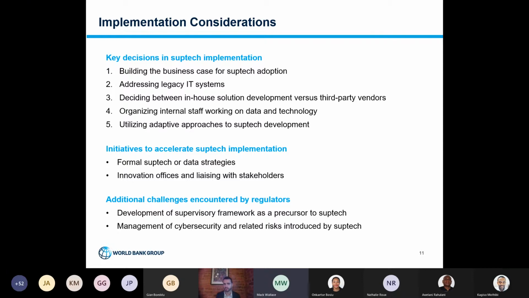Do you build something in-house? Do you rely on a third-party vendor? And what kinds of initiatives can accelerate adoption, such as a formal champion or Suptech office? These are some of the global best practices that are currently emerging. And then last, it is also important to assess whether the proper supervisory framework is already in place to support the specific Suptech solution that you're looking to implement.